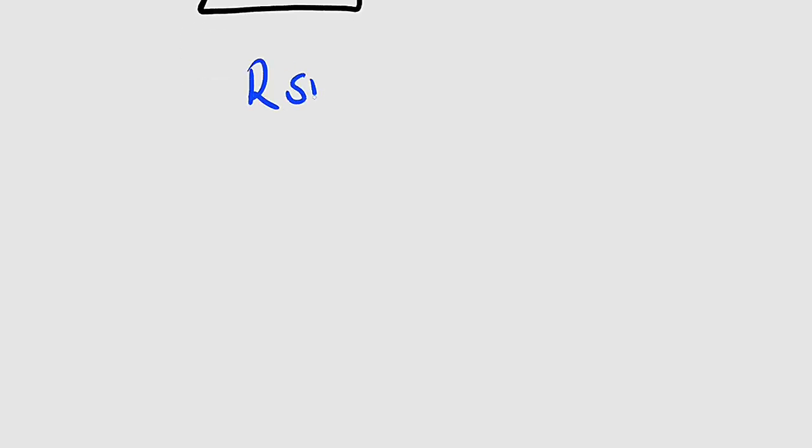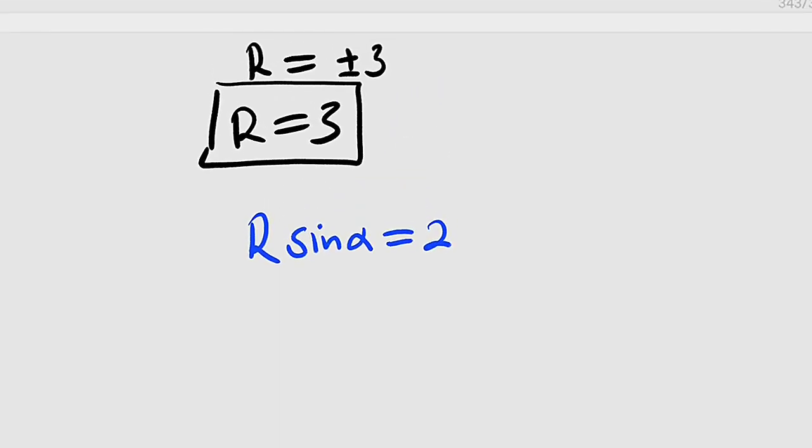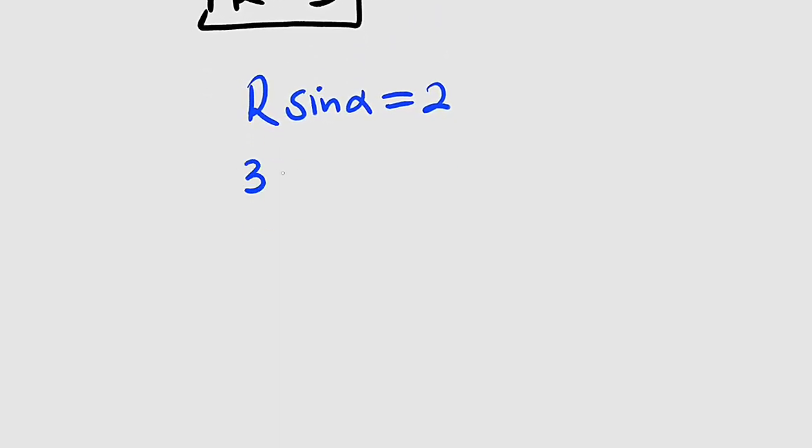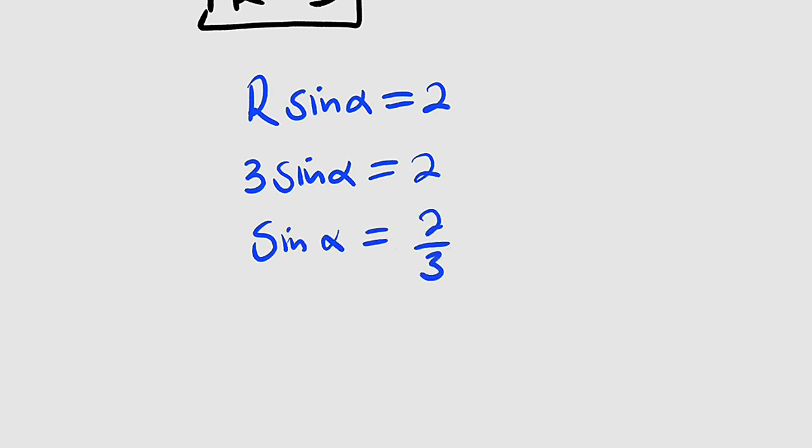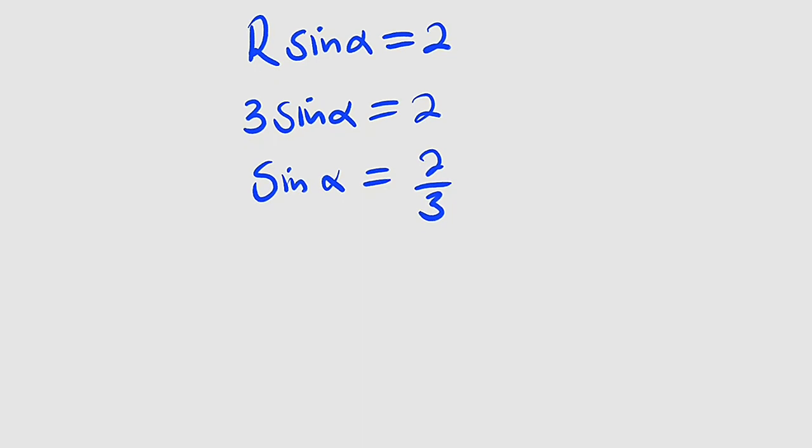So r sine alpha equal to 2, but we have seen that r is equal to 3. So we have 3 sine alpha equal to 2. Divide both sides by 3. Sine alpha is equal to 2 divided by 3. And what are we looking for? We are looking for alpha in the first quadrant, because they say from 0 to 90 degrees.